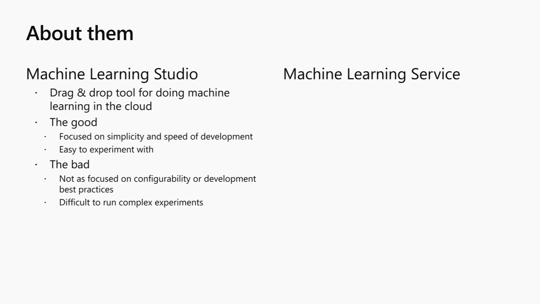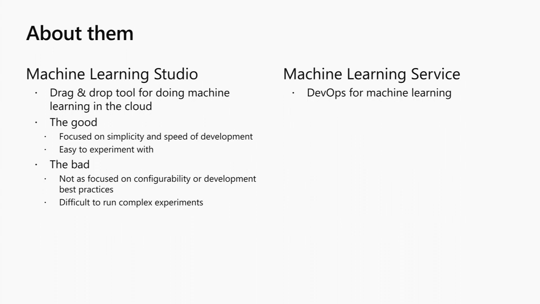The disadvantage is that it's really easy to start with, but it's not as easy to manage more complex experiments. It's not as easy to follow best practices in development. So I see it more as an experimentation tool rather than something that you can do hardcore machine learning. On the other hand, I see Machine Learning Service as being something of a DevOps for machine learning.